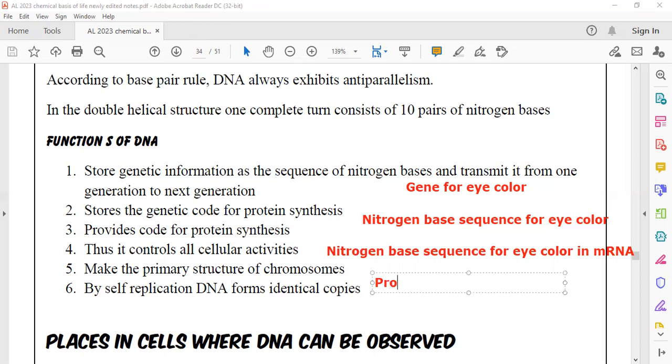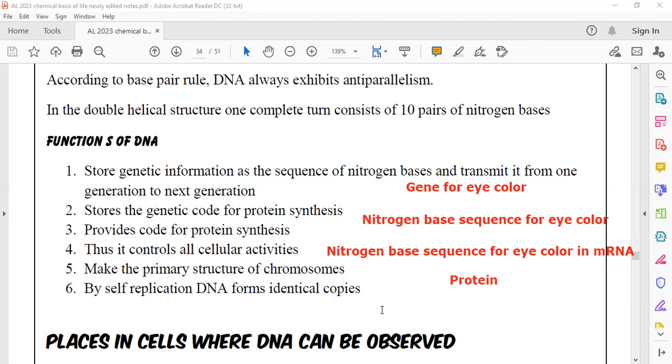At the moment, just understand it. A protein will be synthesized.